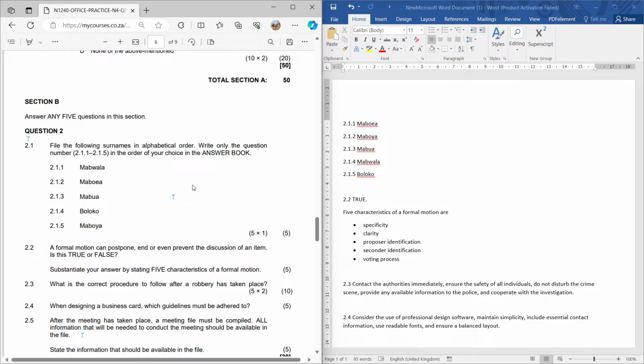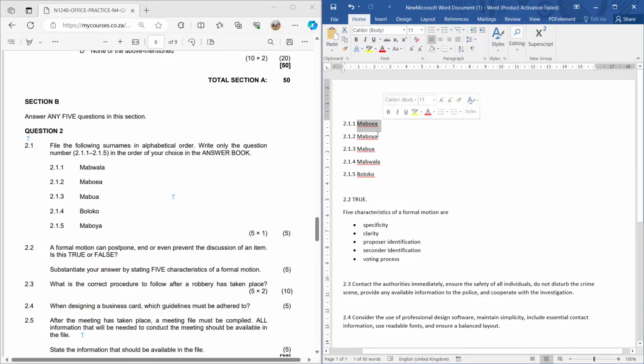Right, so let's go ahead and put this into practice. So the first word we have is maboa, right, followed by maboya, then mabua, then mabuala, then poloko.